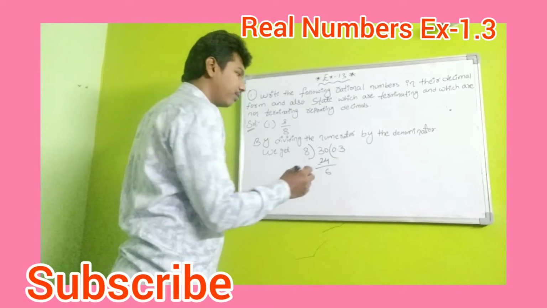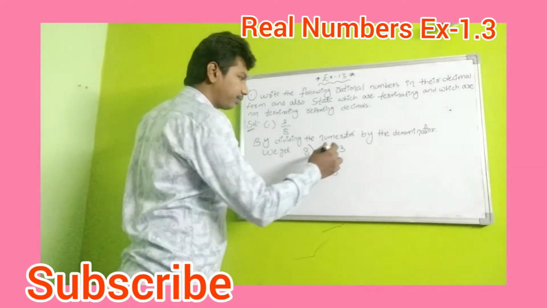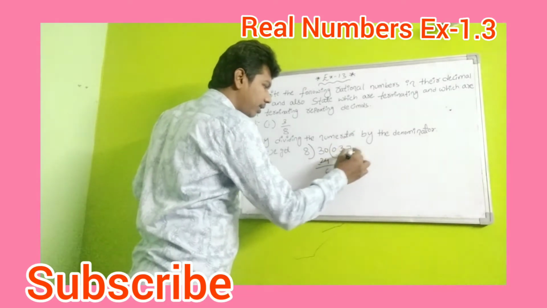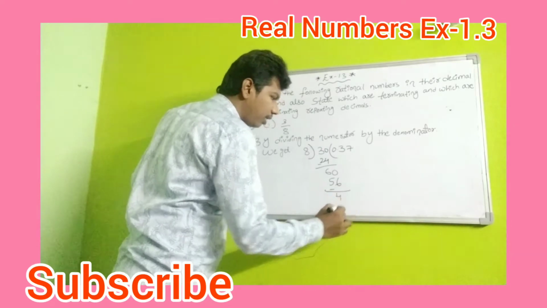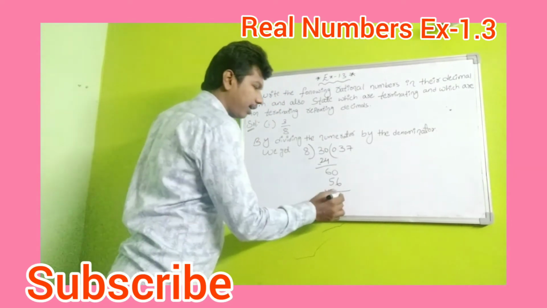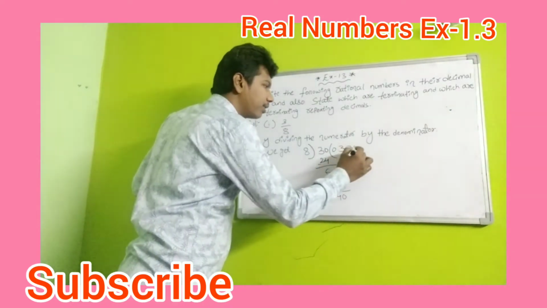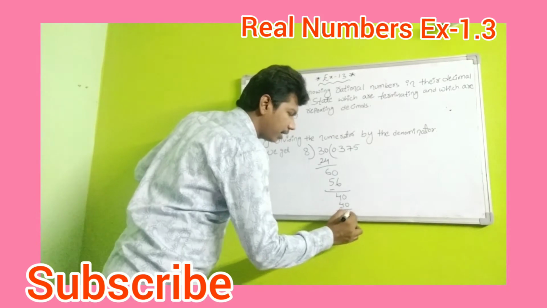You can add any number of 0s, students. Here I am adding one more 0. Now 8 7s are 56. 60 minus 56 is 4. Again 8 table 4 won't go. Again I am adding one more 0. 8 5s are 40. Now 40 minus 40, remainder is 0.